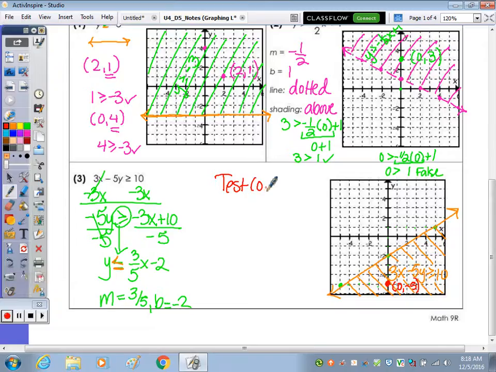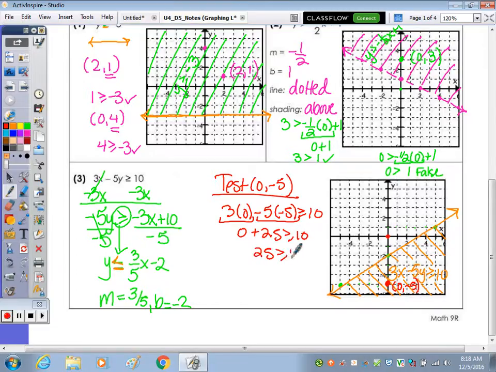If I tested 0, 0, it would have come out to be false. All right, so is 3 times 0 minus 5 times negative 5 greater than or equal to 10? This is 0. Negative 5 times 5 is a positive 25. And 25 plus 0 is 25, which is greater than or equal to 10. It works.